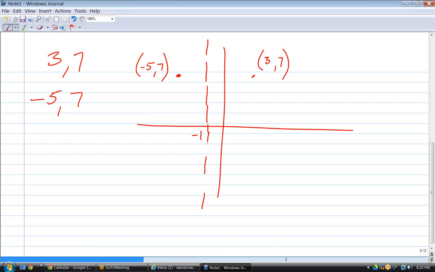Yeah, because we can't really tell where the vertex is. It could be a number of places, because we could be dealing with a parabola that looks like this, or we could be dealing with a parabola that looks like this. So we don't know where the vertex is, but we do know the axis of symmetry is between these 2 points, because the parabola is symmetrical about that axis of symmetry.